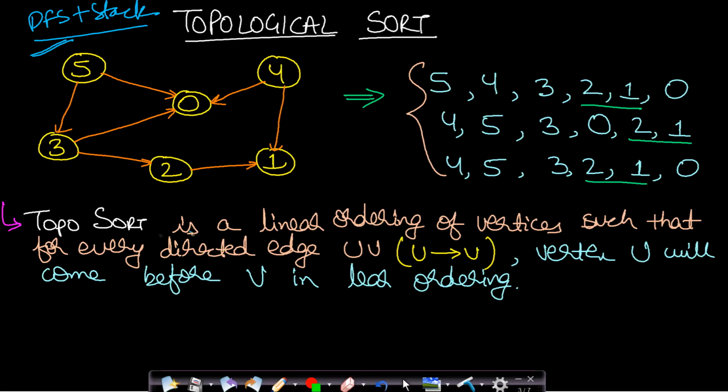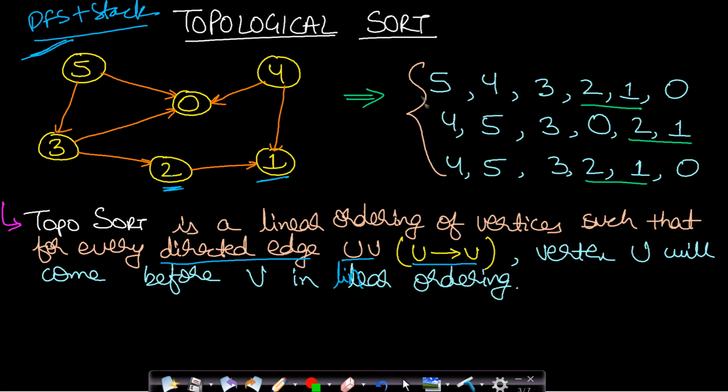Now the topo sort is a linear ordering of vertices such that for every directed edge uv, that is, a directed edge from u to v, vertex u will always come before vertex v in the linear ordering. So this will be linear. Now in this graph, if you consider these two nodes, there is an edge from 2 to 1.